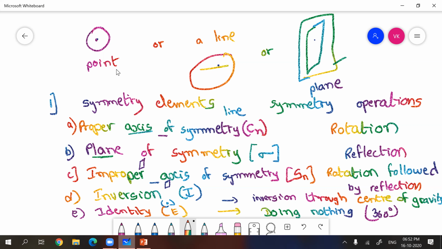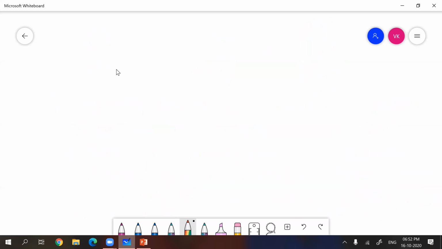So what is the difference between a symmetry element and a symmetry operation? When you carry an operation on a molecule, it has to leave either an identical or equivalent molecule. Then only that operation is said to be a symmetry operation, and that element is said to be a symmetry element. So let me explain with one example here. For example, if I take water, here I'm going to take first one, the proper axis of symmetry.